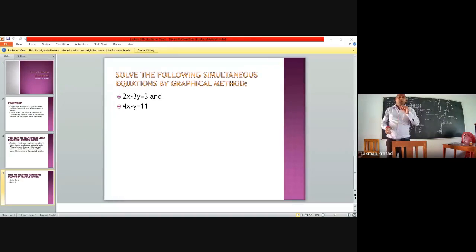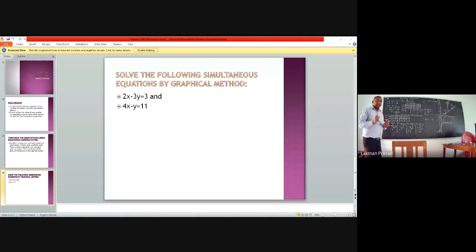It totally depends on the equation mentioned in the question and the values which you receive. See, the highest value on the x-axis: 0, 3, 6, 9. So here the maximum value is 9, and there is no value which crosses 9.